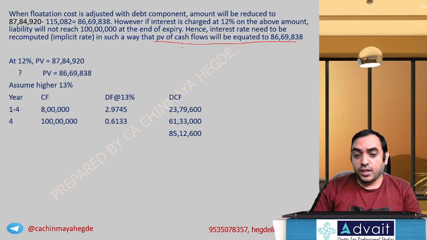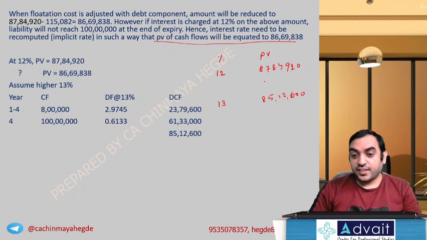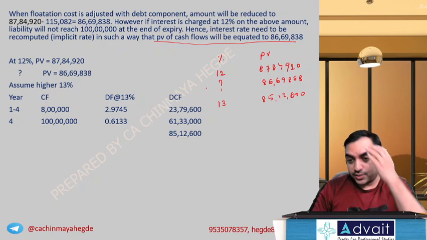So at 12% we got a present value of 87,84,920, and at 13% we get 85,12,600. But we want 86,69,838. So what should be the rate of interest?